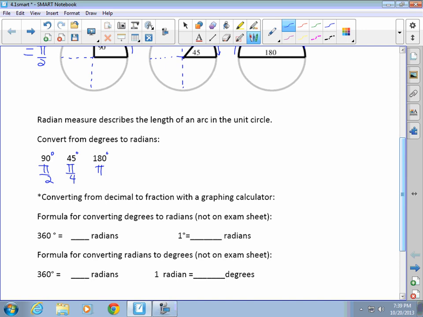Okay, so without the use of a calculator to convert from a decimal to a fraction, we can use a simple formula. So 360 degrees we know is equal to 2 pi.